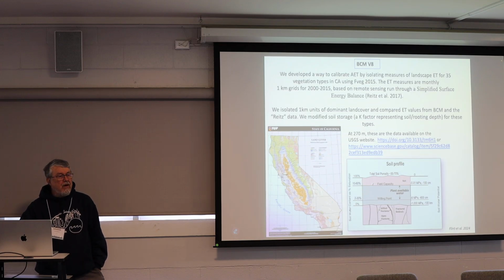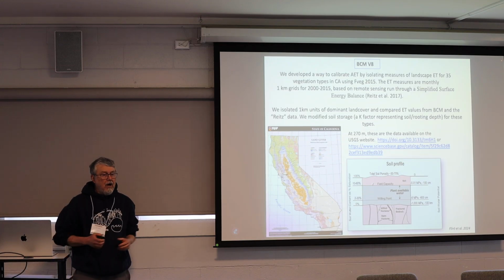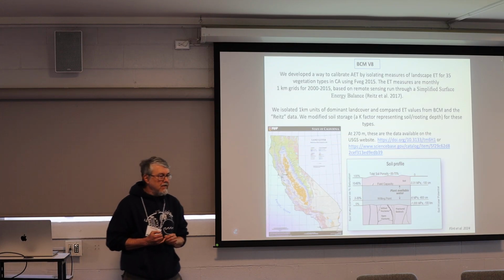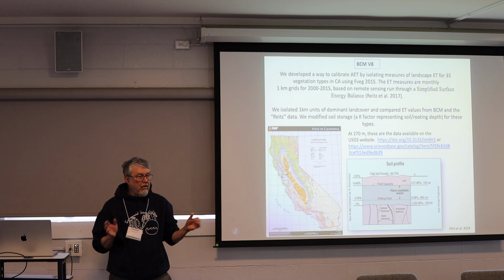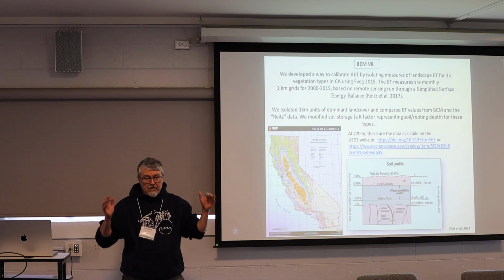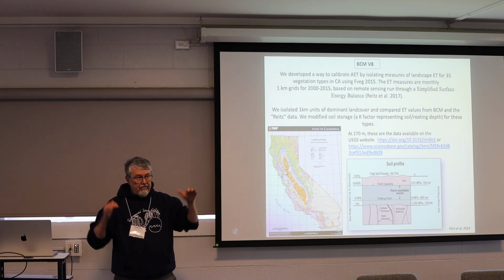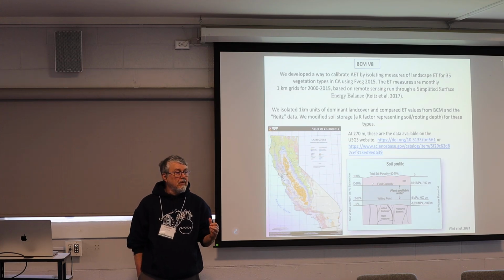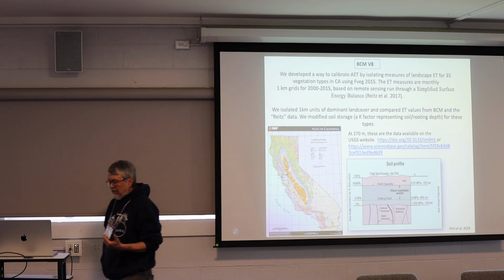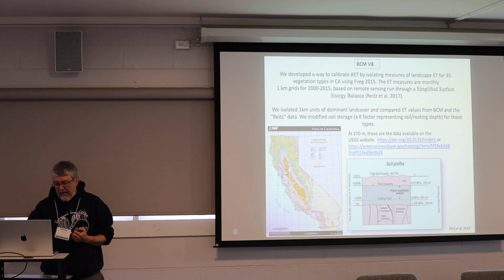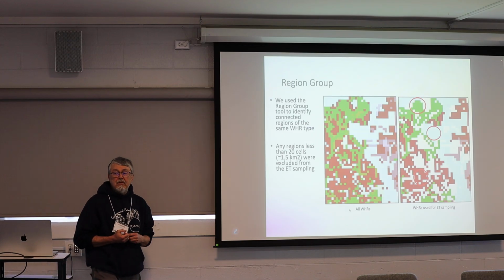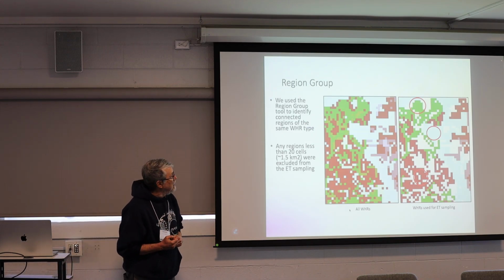And so the way that we tried to calibrate for ET was that we used a NASA product from a scientist named Reitz. And she has a 1 kilometer time series of actual evapotranspiration that's coming from satellite measured and then run through an algorithm to give us a square kilometer by square kilometer ET values for the lower 48. And we took that and we said, okay, well, we can find 1 kilometer groupings of dominant vegetation in California.